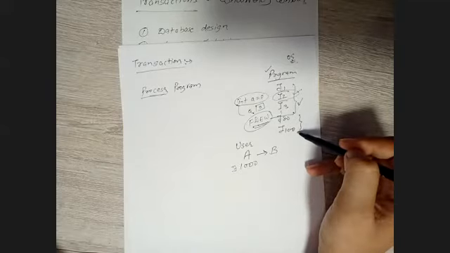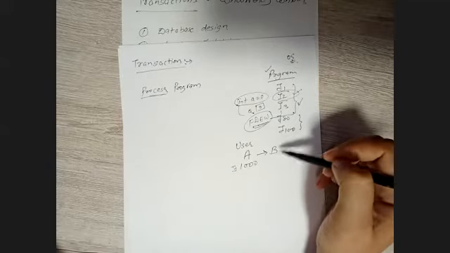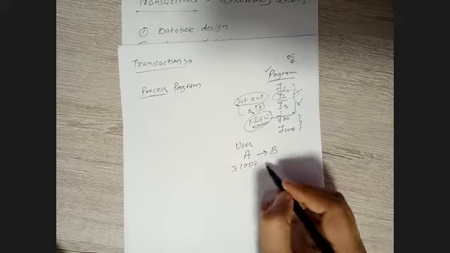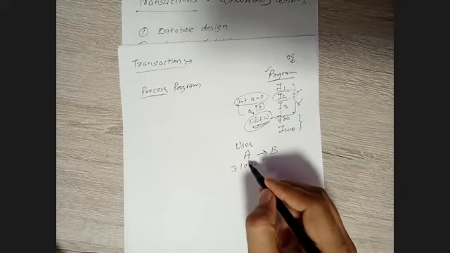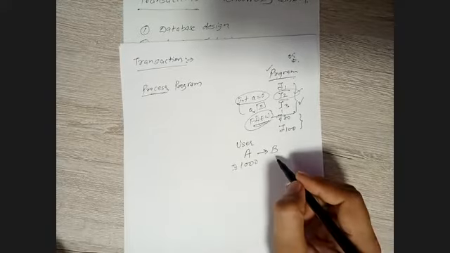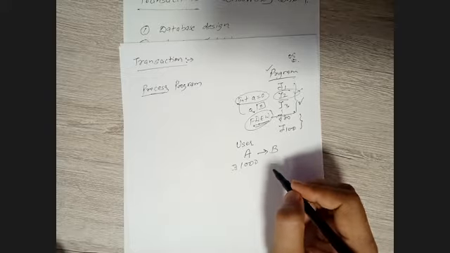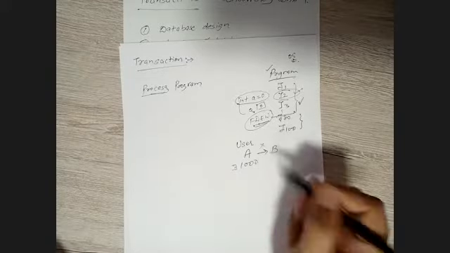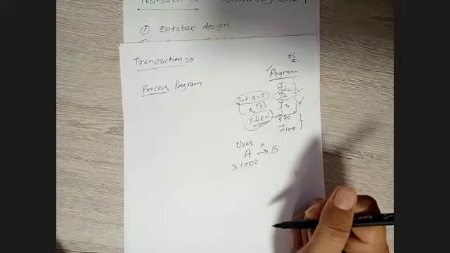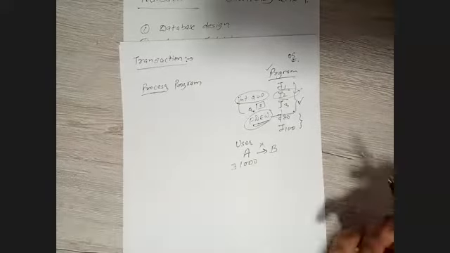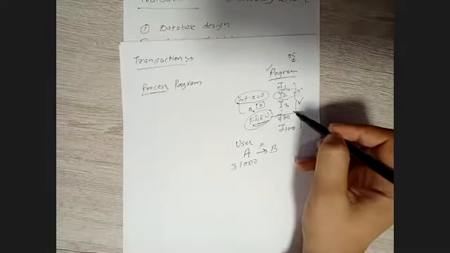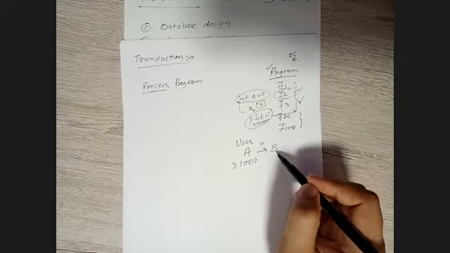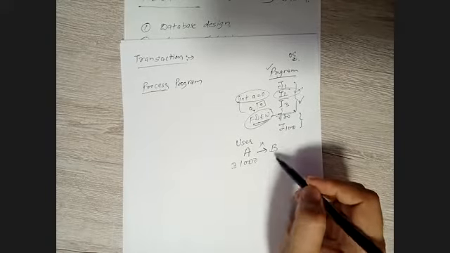We cannot say to the user that around instruction 80, 1,000 pounds was deducted from account A, but it failed to store the 1,000 in account B, that it was left somewhere in between. We have completed 80 instructions, we failed to execute the rest of the 20 instructions, and we are not able to reflect the amount in your account B.